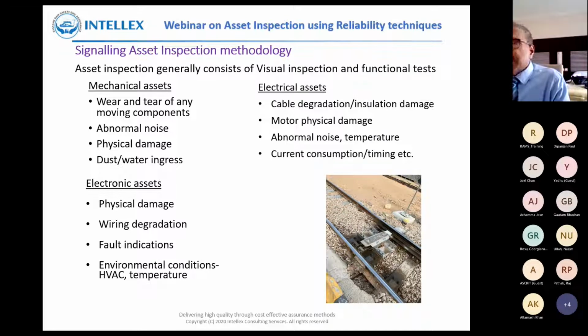So you look at the cards, and most of the modern cards have the fault indicators on them, so you can straight away see this component is faulty. Then you look at the environmental condition like the HVAC and the temperature inside, so that it can perform reliably. So these are normally the checks, but there could be more depending upon the experience of the inspector. There are more checks also.